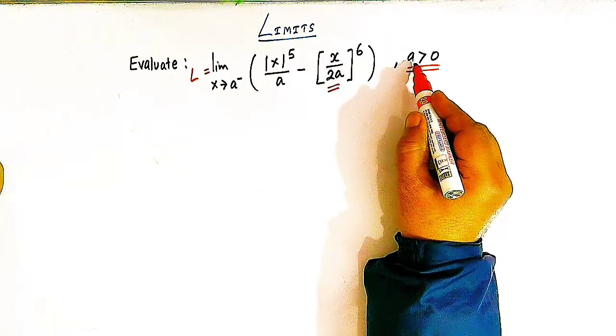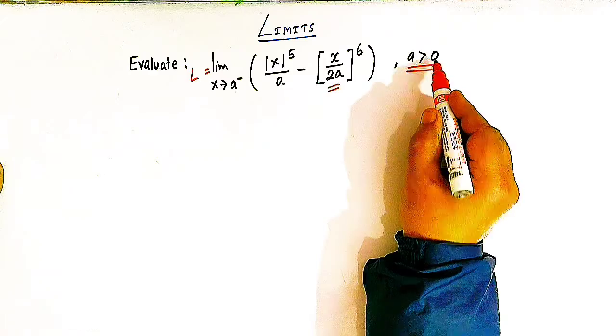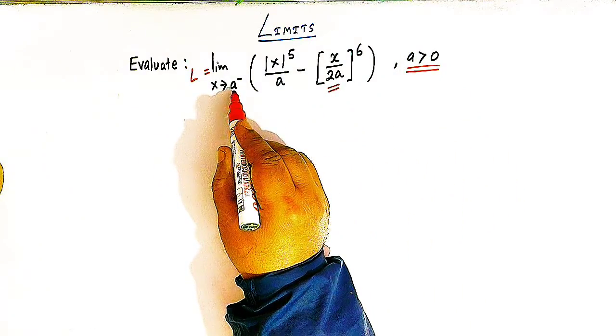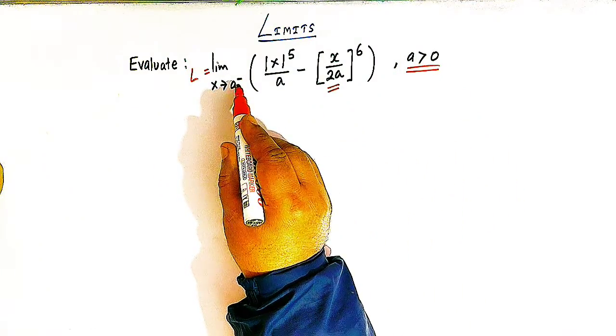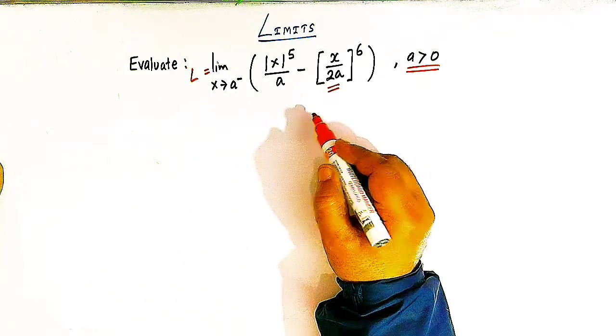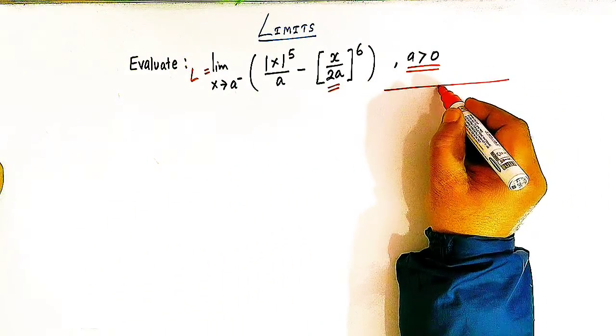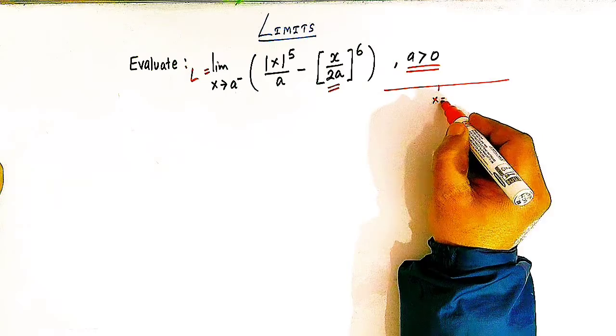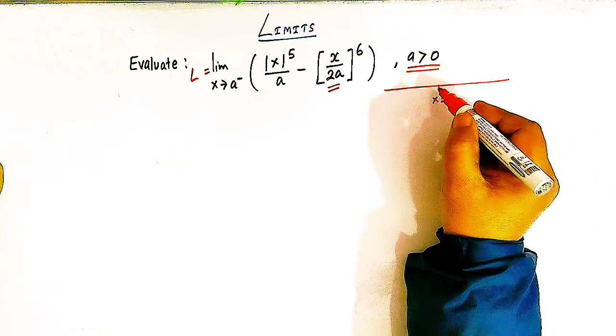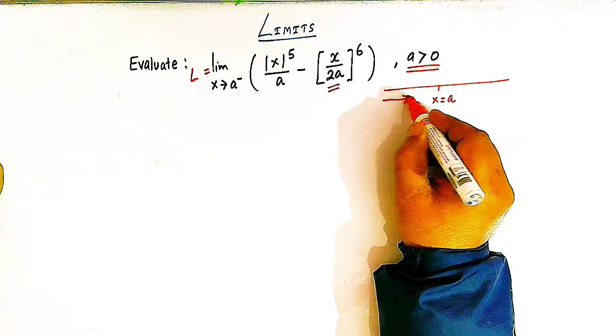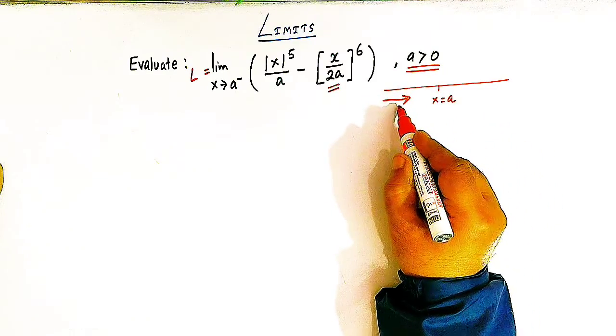Now we are given a is greater than 0 and x is approaching a from the left of a. So if we have x equal to a here, then we are approaching x equal to a from this side.